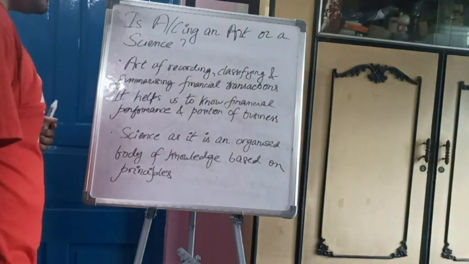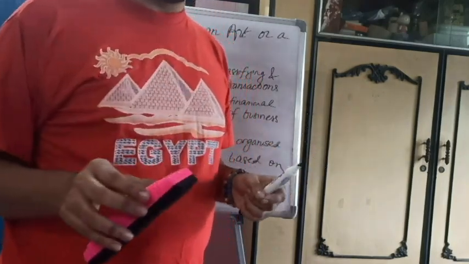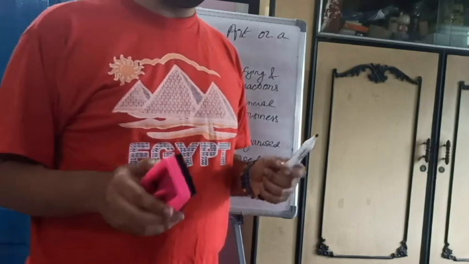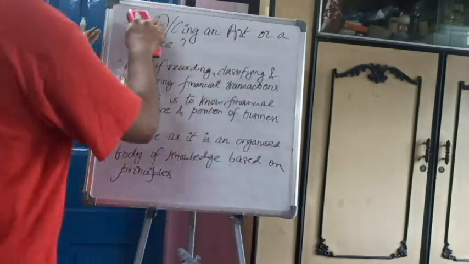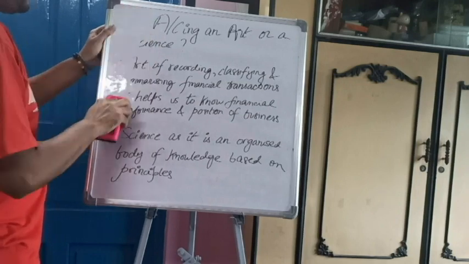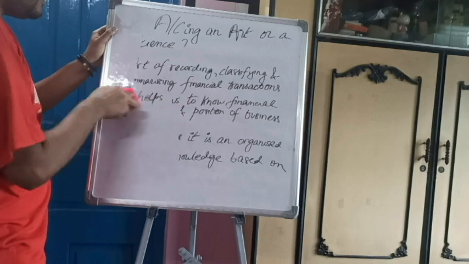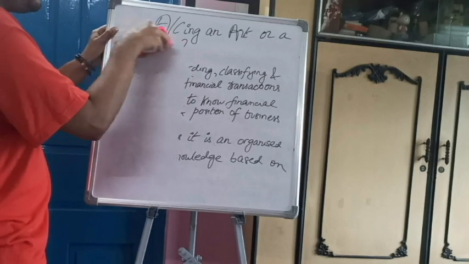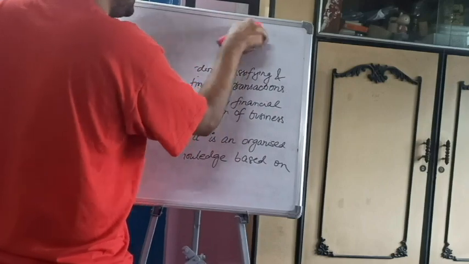Next is a very interesting topic which comes very much during the exams. The difference between what? Bookkeeping and accounting. What is bookkeeping and what is accounting? Accounting we have come to know. Bookkeeping also, by seeing the difference you will understand what is bookkeeping. It is an easy method.